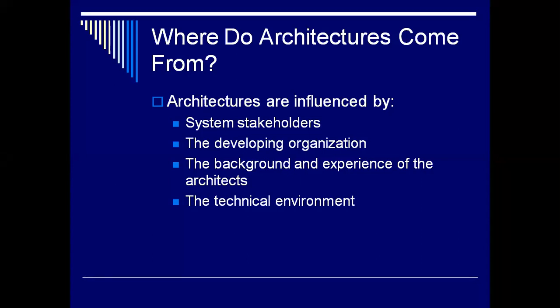The next one, developing organizations, who actually build a software, that means implement a software. So it is the second component, developing organization. And the third one, the technical environment. The technical things that are required to build software are the technical environment.